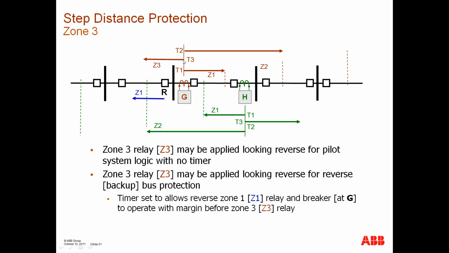Also, it can be used as a remote bus backup, such that this has an operating time that is slower than the Zone 1 to provide some type of backup to the bus protection here. Okay.